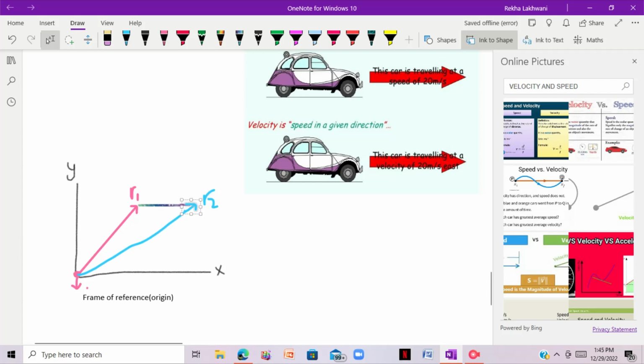For example, r1 is equal to x1 and y1, these are its coordinates, and r2 is equal to x2 and y2, these are its coordinates, right?